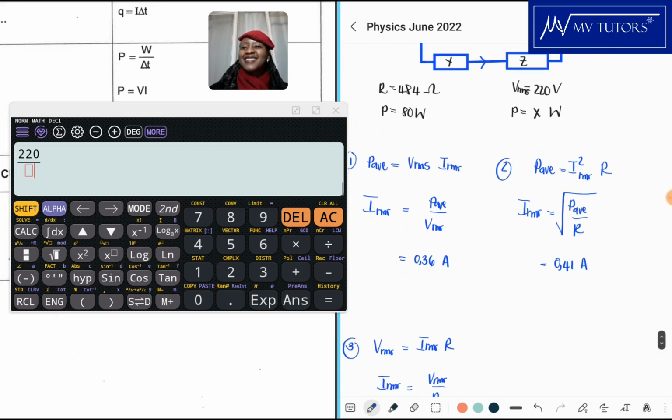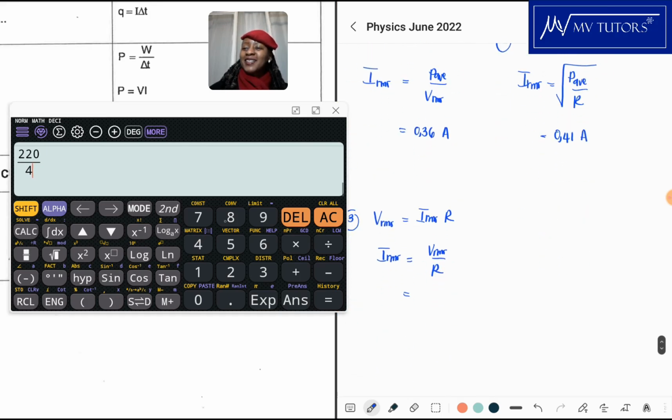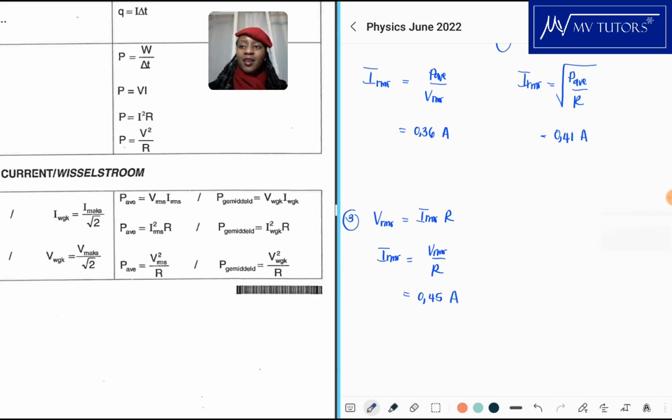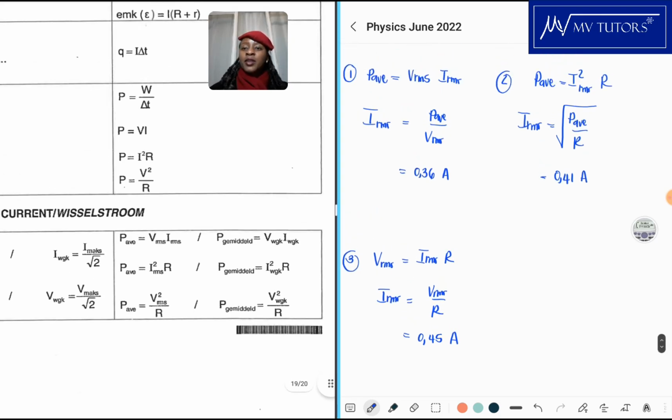484. I'm doubting myself now. We have 0.45 amperes. Imagine this is you in an exam. You decide to take one equation and you get one answer, and you think, let me just check that other equation. You get a different answer, and you wonder what's going on.